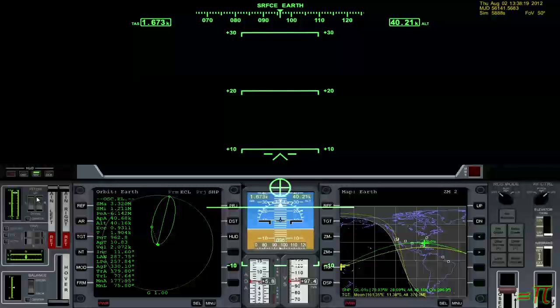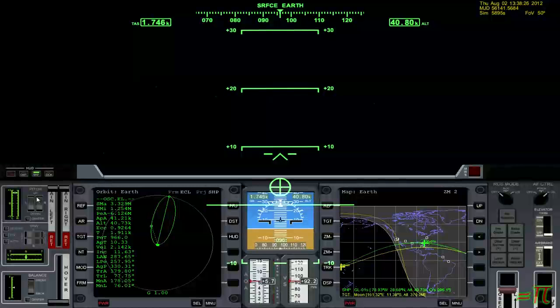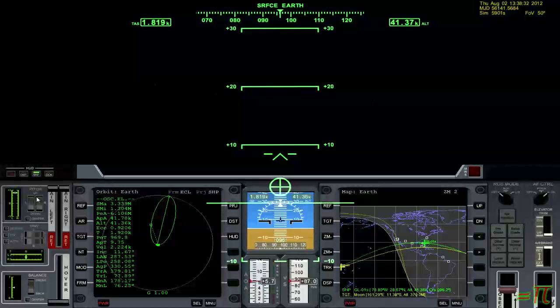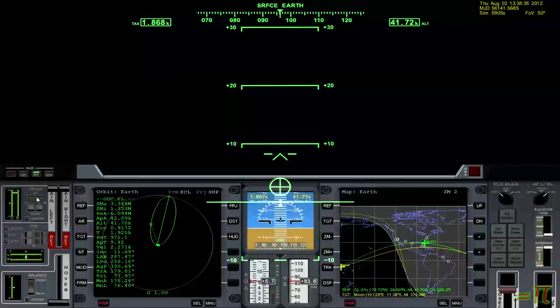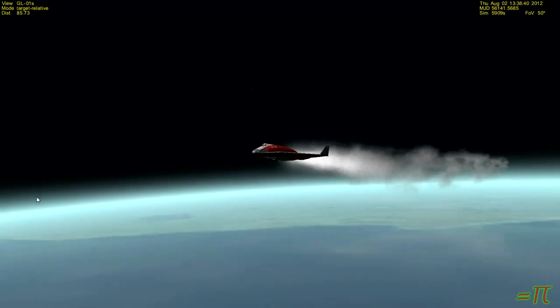Getting to orbit from Earth, at least through the atmosphere, is probably the hardest part about making the trip. And also the noisiest, I have to admit. Okay, we have a good ascent going here.